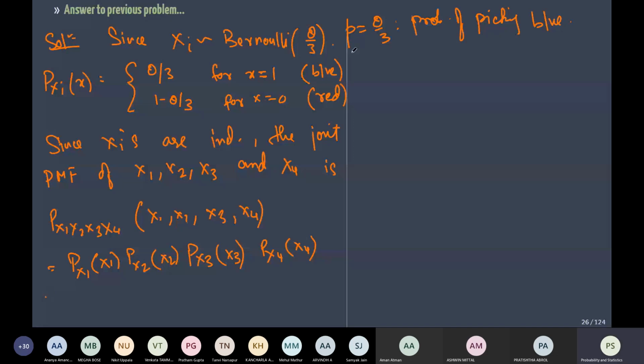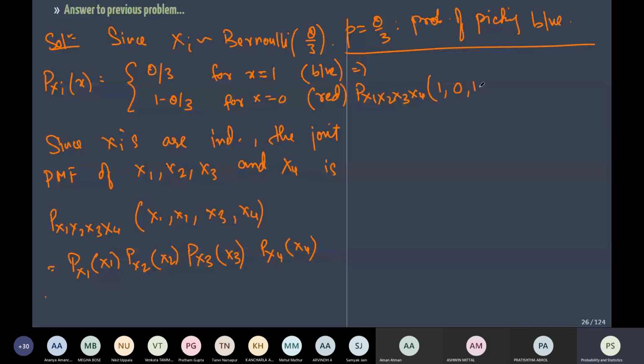So let me write it down here. This implies the probability of x1, x2, x3, x4 at the observation we had, which was 1 0 1 1.